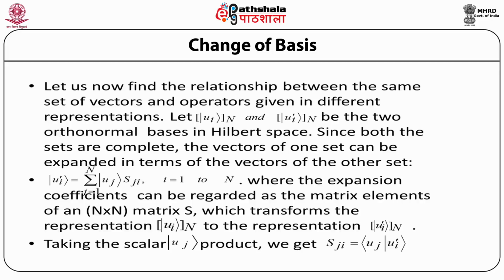This can be understood in this manner: in our normal coordinate system, if we have one set of coordinate vectors, then we can make a transformation from one coordinate system to another by defining a transformation between the coordinate vectors of one system and the coordinate vectors of the other.